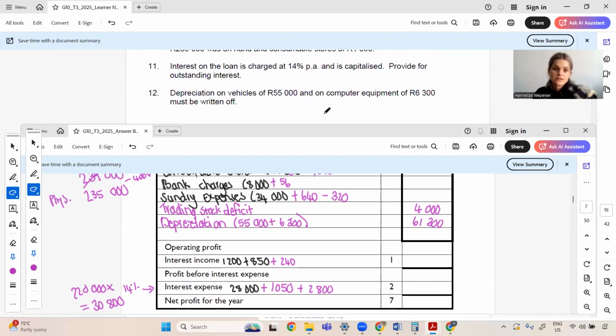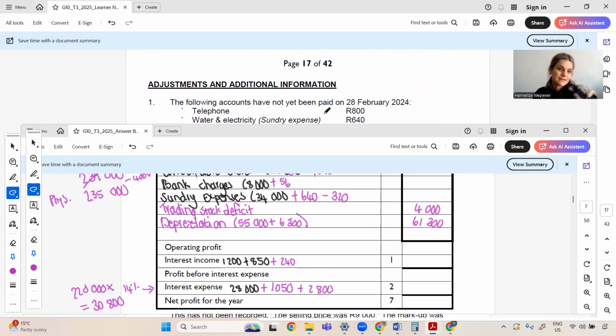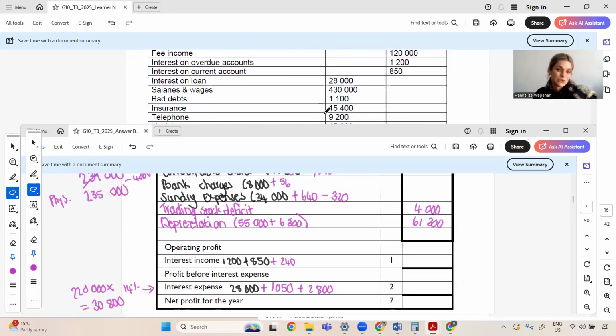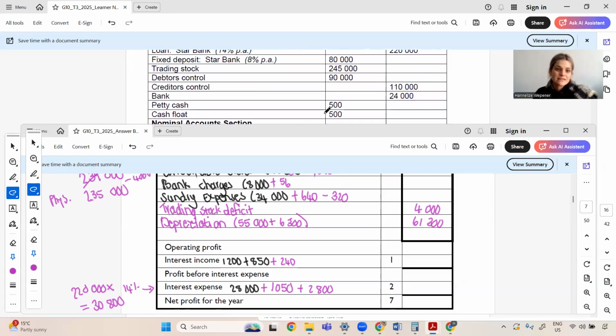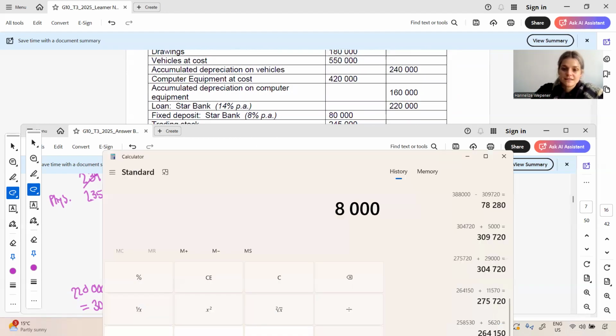Okay, so the only thing that we now still need to do is something that they didn't tell us in the adjustments, but you have to know that your fixed deposit was 80,000 Rand and you earned interest of 8% on that fixed deposit.